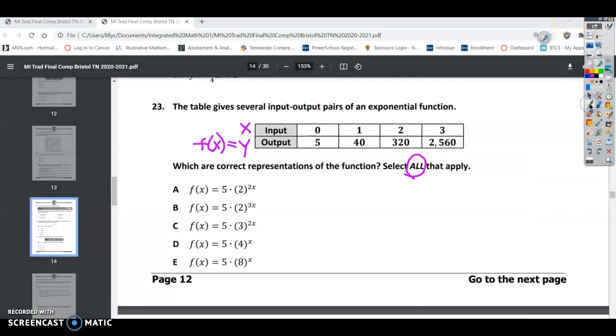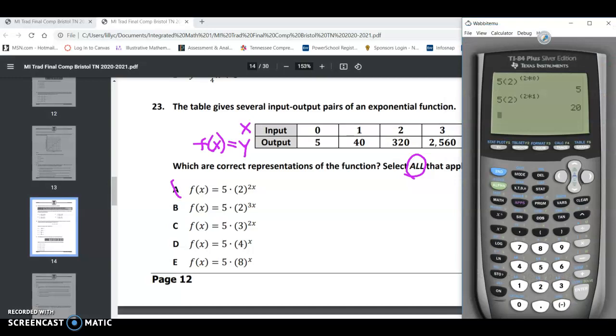So we can see that we can mark out A, and then we continue to the next, to B equation, and see if we can figure out if it works. So for B, it says 5 times 2 raised to the 3 times x.